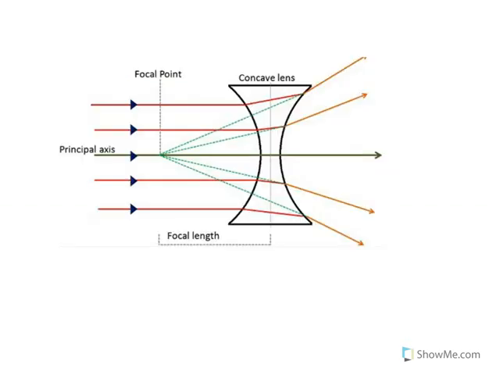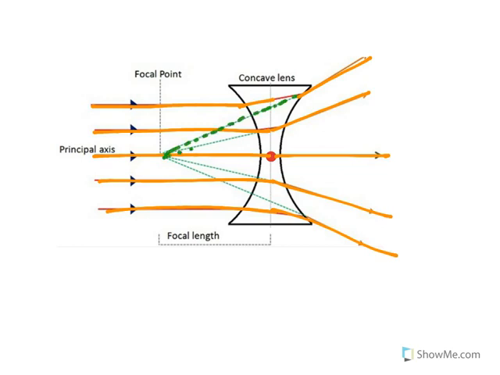So here's a picture of the concave lens again. The center here of the lens is called the optical center. Then we see that the rays that are parallel to the principal axis, after refraction, they all diverge, but on diverging they all appear to come from a point here on the principal axis, and that is the focus.